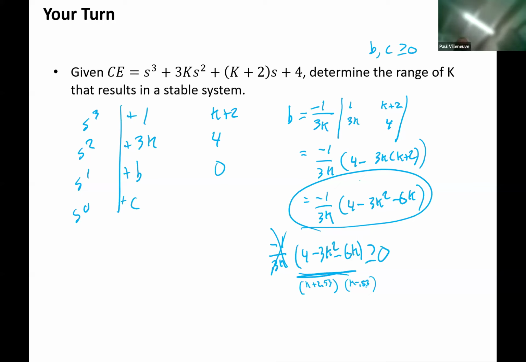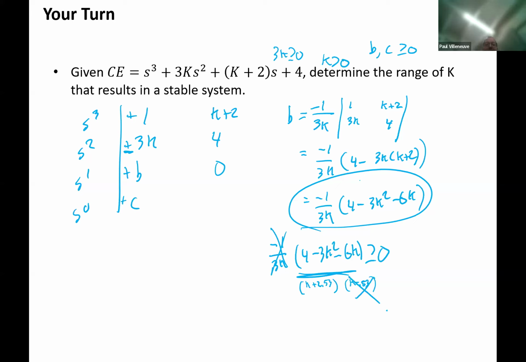And I know that k has to be a positive number. Why? Because, well, I actually don't need to. I know it needs to be a positive number because right here, that has to be indicating a positive number. So I know that 3k has to be greater than 0. So I know that at the very least, k is going to be greater than 0.